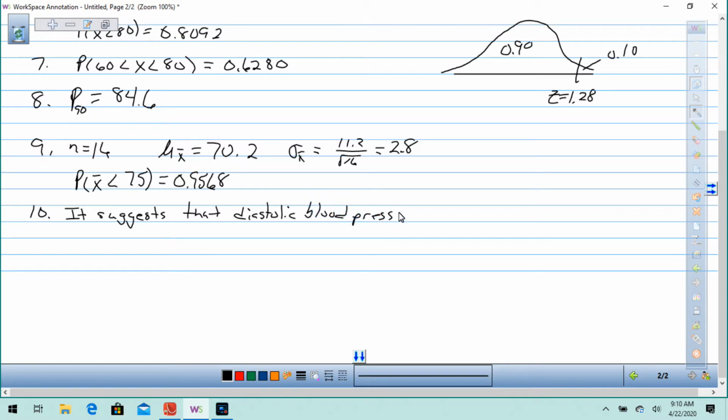It suggests that diastolic blood pressure levels of women are normally distributed. Almost all of them are touching the line. All right, good deal. So that's the quick quiz.